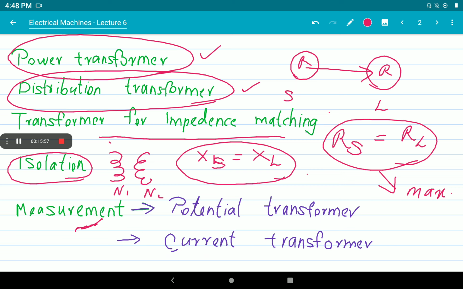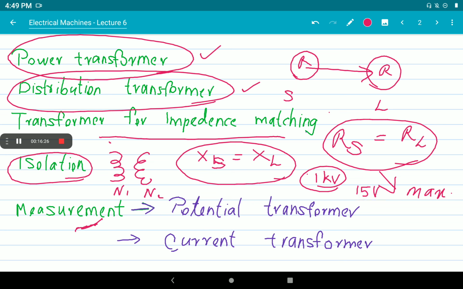For example, for controlling the speed of a DC series motor or DC motors, we may use some transistor drives. By using transistor drives we can control the speed, and these DC series motors may be working at a voltage level of up to 1 kV, whereas the transistor drives are working at only 15 volts.